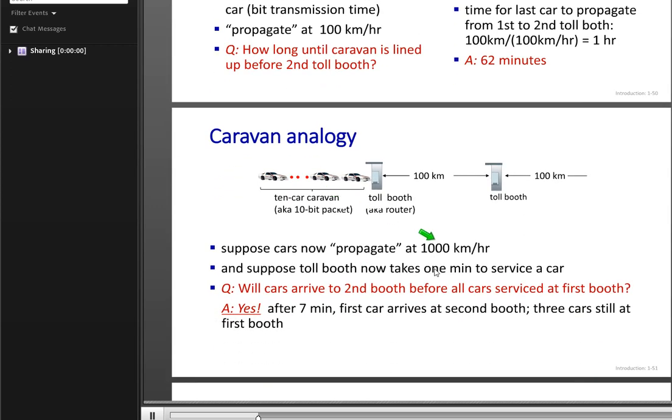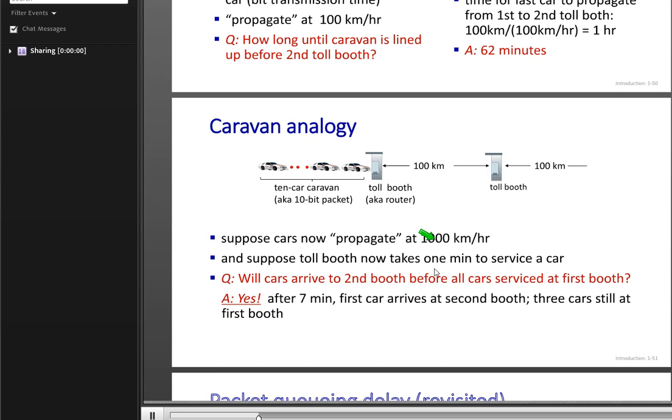In the first example, the propagation speed was 100 kilometers per hour, and now it's 1,000 kilometers per hour. Okay, we increase the propagation speed 10 times, and now each car needs to spend 1 minute. In the past, each car spent 12 seconds, and now each car spends 1 minute to pass the first gateway.